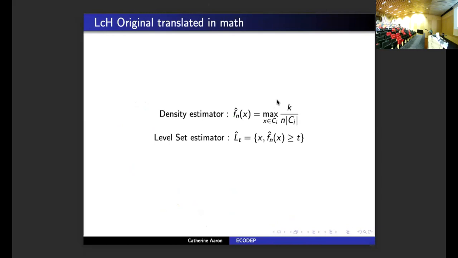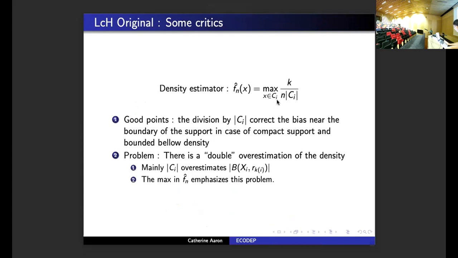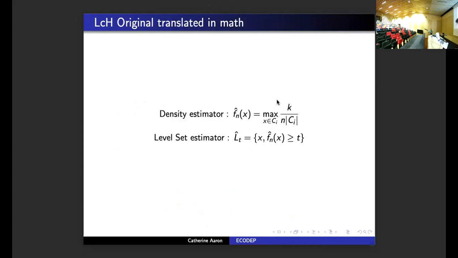How do they do that? If I want to translate their work into mathematics, what do they do? They estimate the density with a k-nearest neighbor formula, where you take the number of neighbors, you divide by n, and instead of dividing by the volume of the ball, you divide by the volume of your little convex hull.